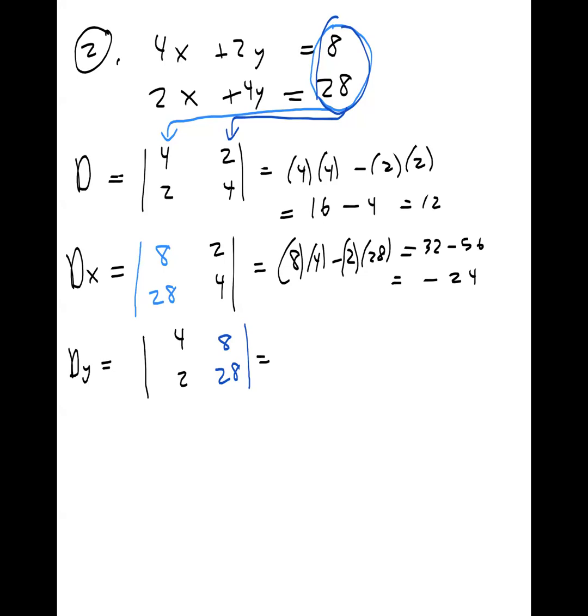And then you find the determinant by doing the first corner times the last corner minus the other two corners multiplied together. And it's kind of a big number, 112 minus 16 equals... no, my fault, 96. 96.